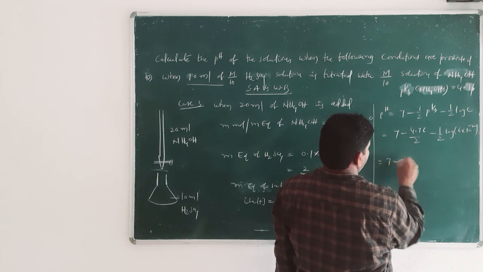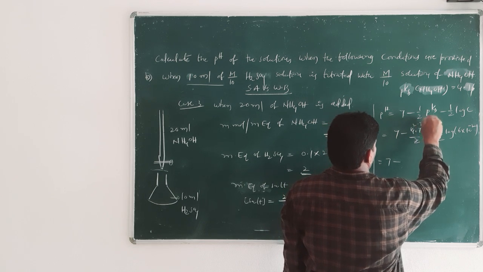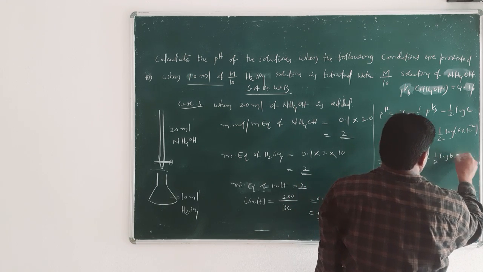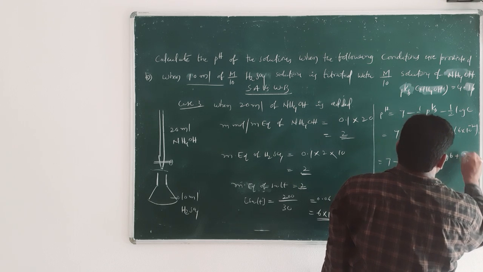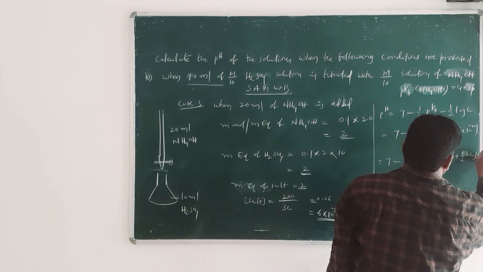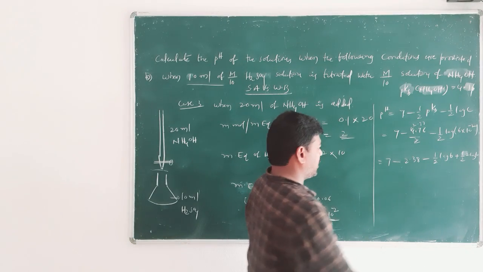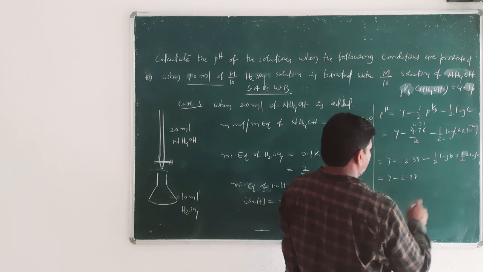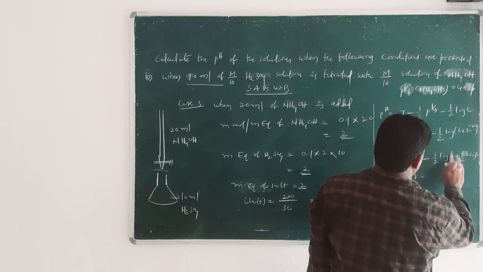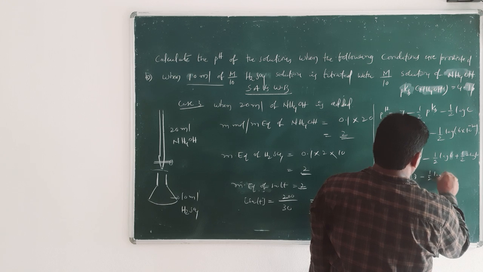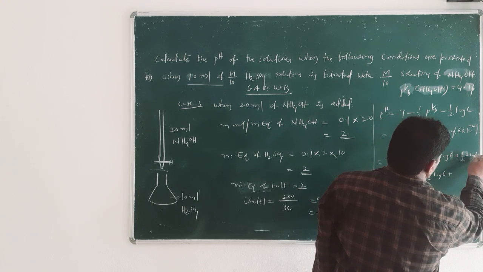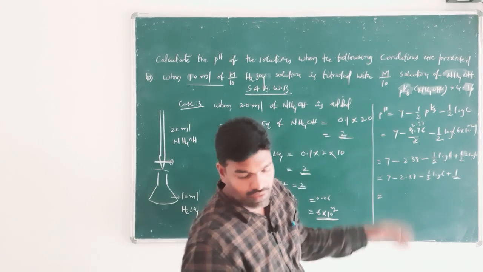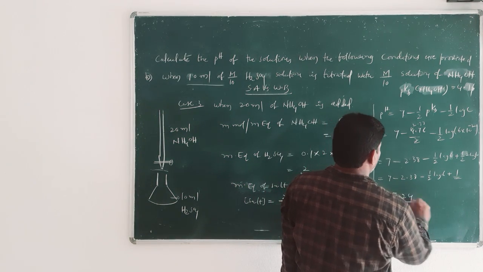Okay. So, 7 minus 2.38 minus 1 by 2 log 6 plus 1 by 2 log 10, which is 7 minus 2.38 minus half log 6 plus 1, and this calculation comes out to be 5.24.